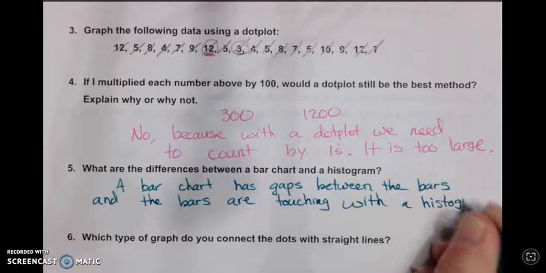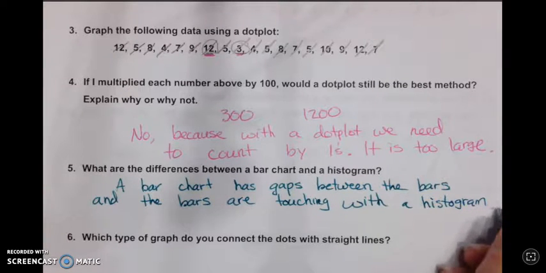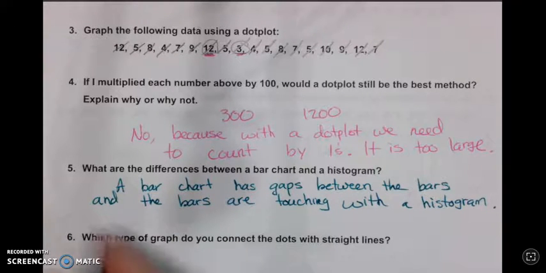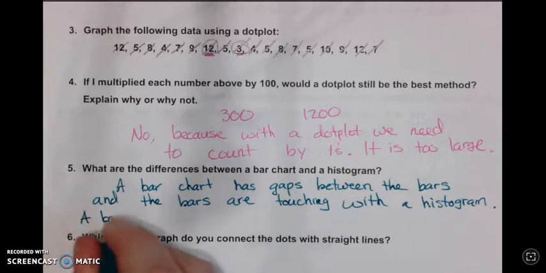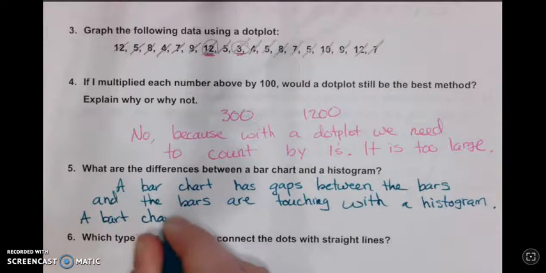And then the other difference is the type of data they graph. So a bar chart is for qualitative data, and a histogram is for quantitative.